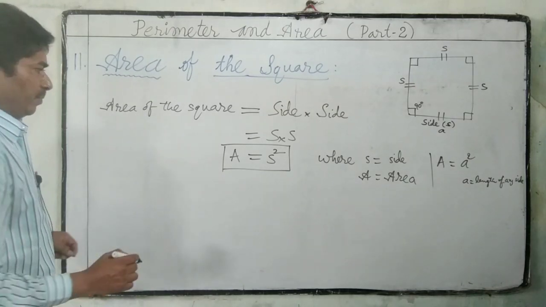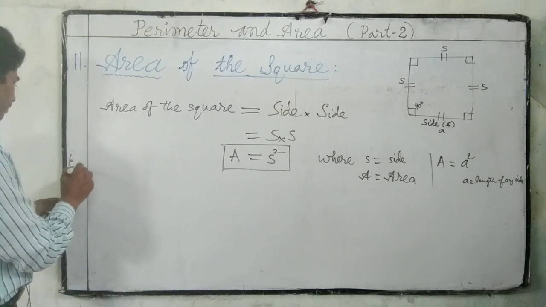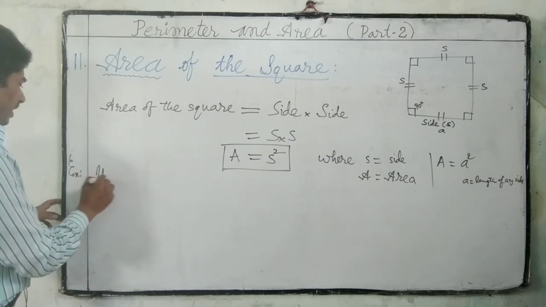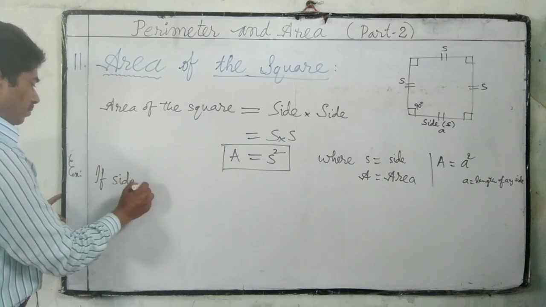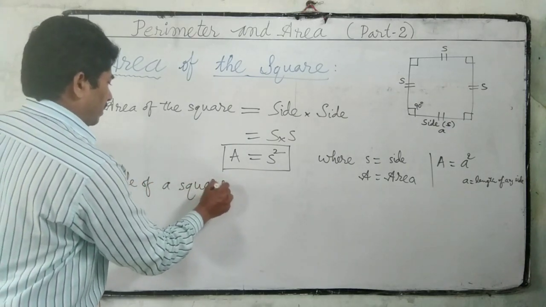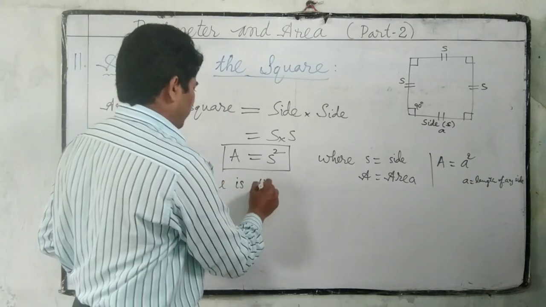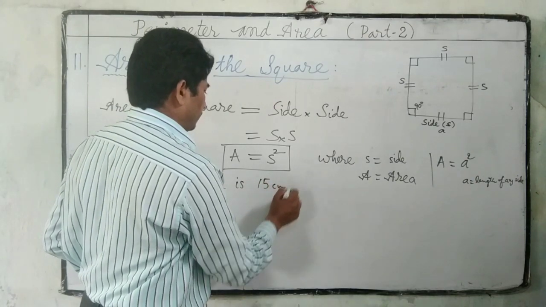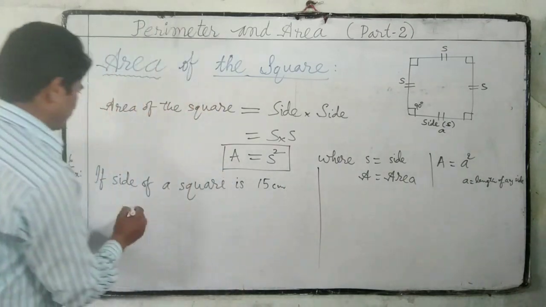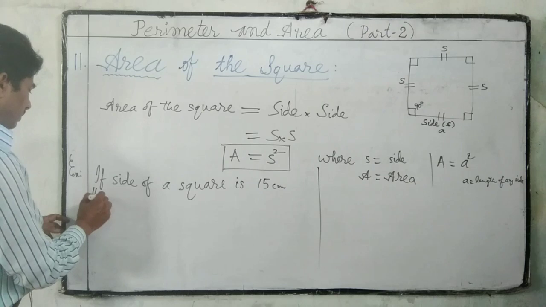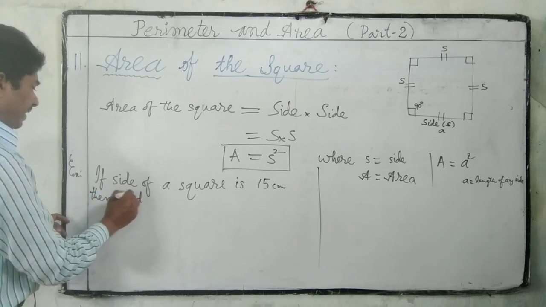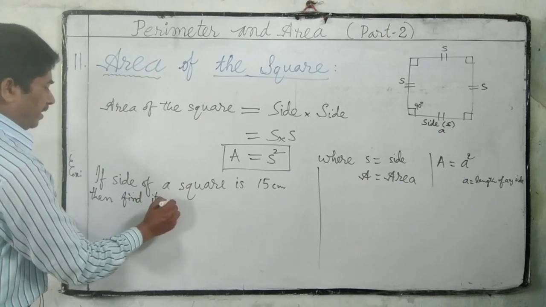Let us see one example. If side of a square is 15 centimeters, then find its area.